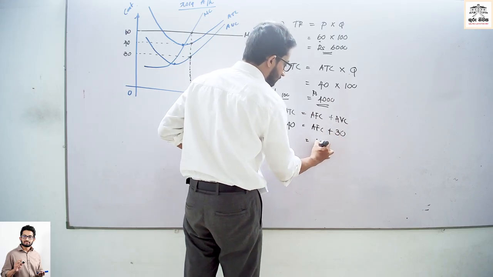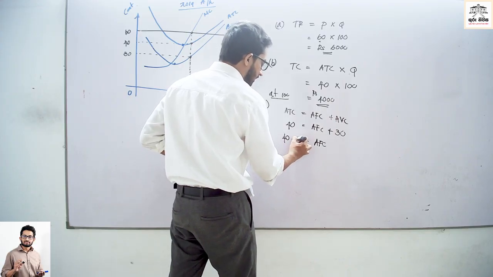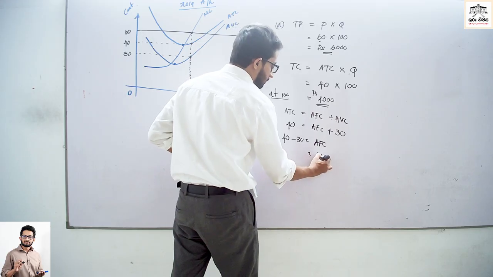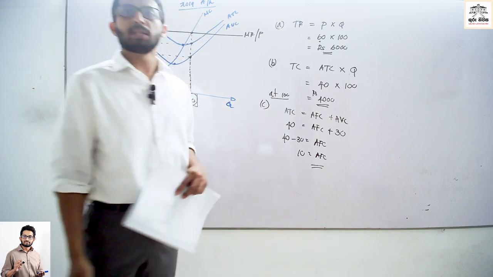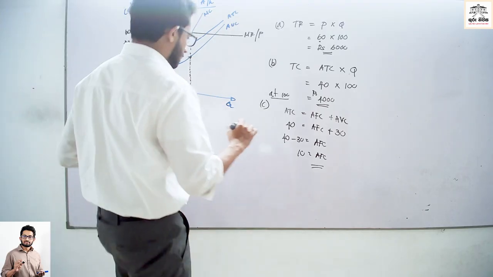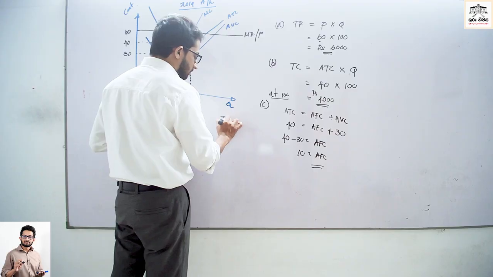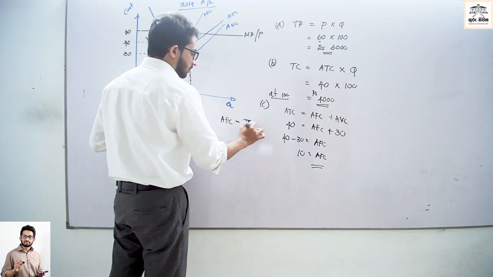Then average fixed cost should be how much? 40 minus 30. Average fixed cost equals 10. But the question is asking you to calculate total fixed cost. Very simple. What is the equation, Buddha? AFC equals total fixed cost over quantity.